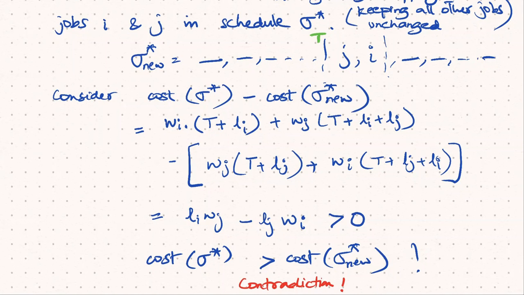We assumed that the greedy was not optimal, and in some other optimal solution, we found a way of just switching two parts, exchanging two parts of an optimal solution, to find an even better solution than the optimal. And that is the contradiction that proves optimality.